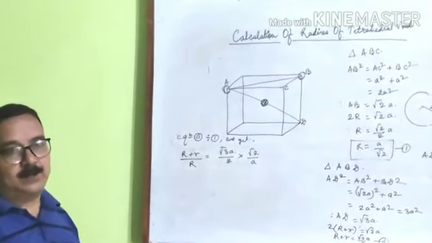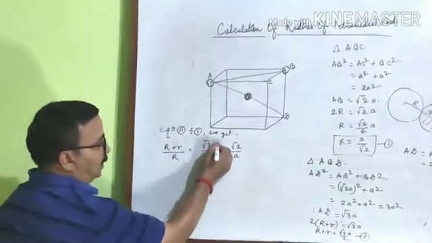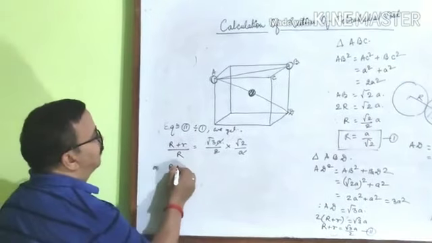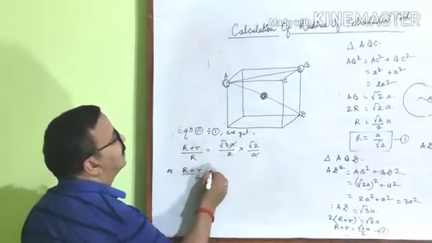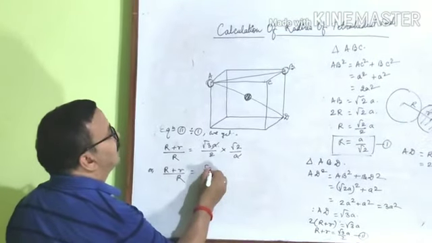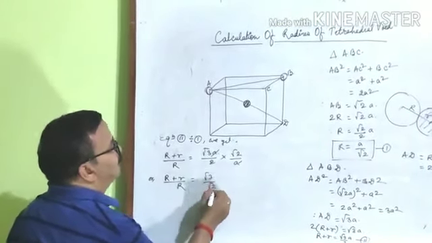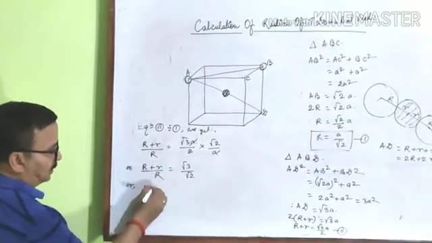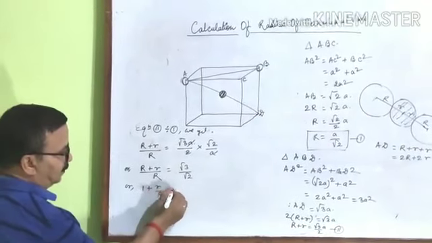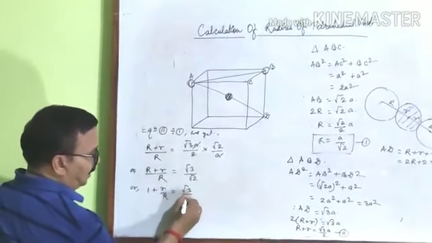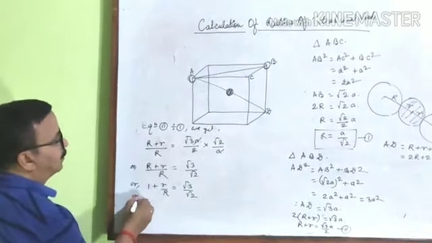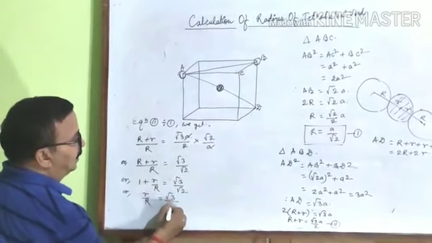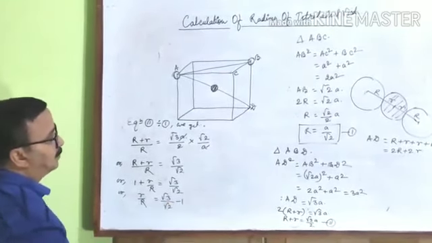Equation 2 divided by equation 1 will give this. So a cancels. We can write R plus r divided by R is equal to root 3 divided by root 2, or 1 plus r by R is equal to root 3 divided by root 2, or r by R is equal to root 3 by root 2 minus 1.